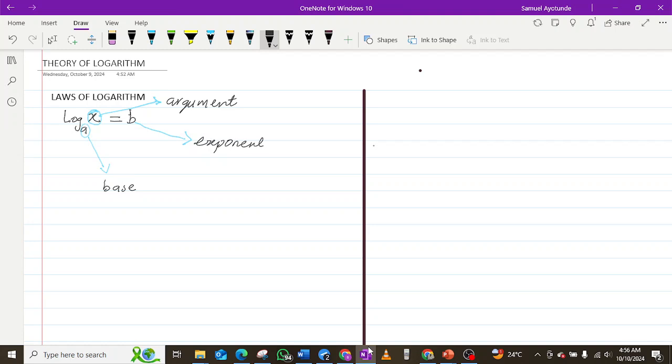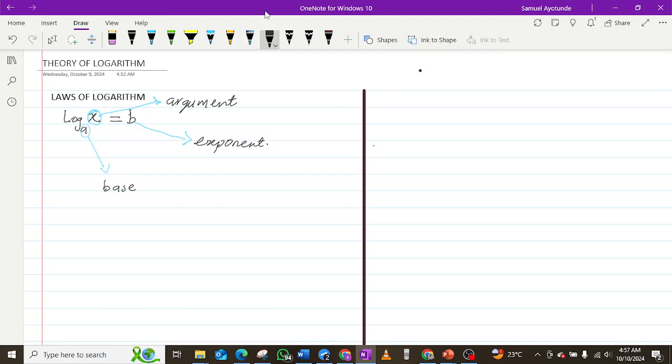So these are the parts of a logarithm expression. So we go on from here to talk about the laws of logarithm.